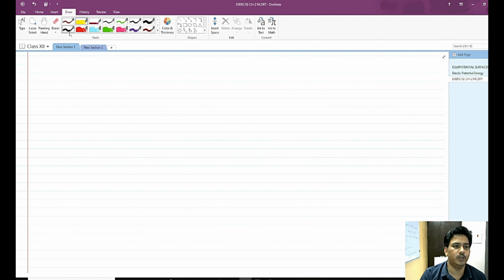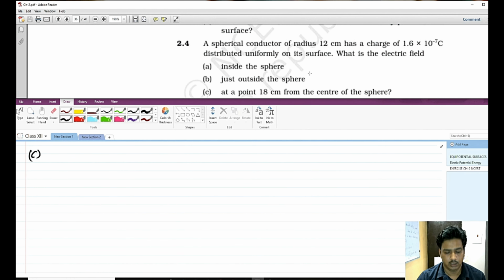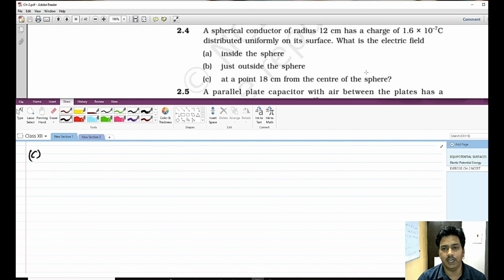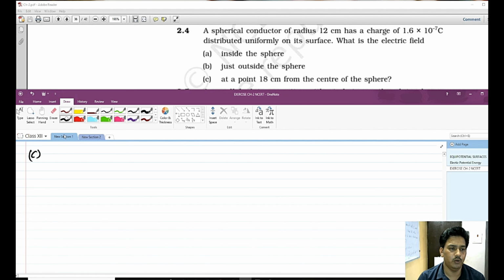Now part C of the question. It is at a point 18 centimeter from the center of the sphere. Now the value of R is 18 centimeter, or 18 into 10 to the power minus 2 meter.